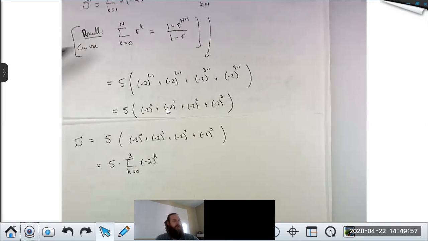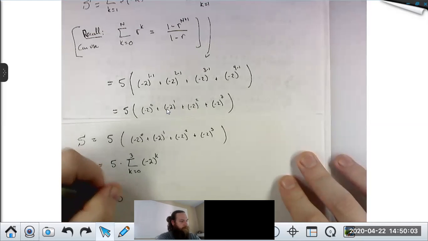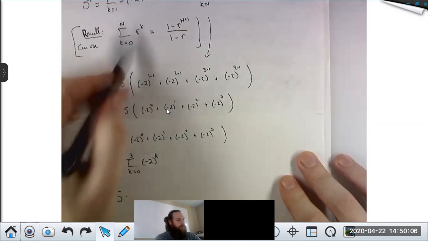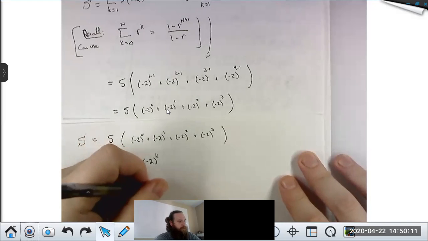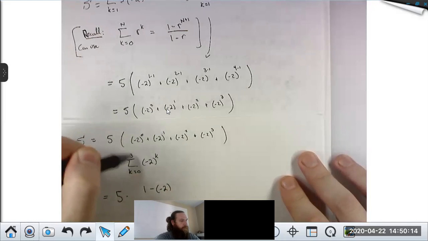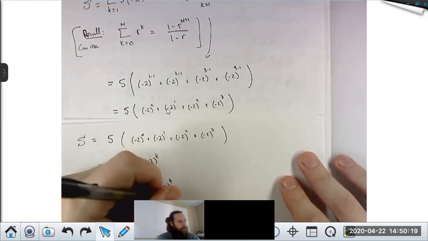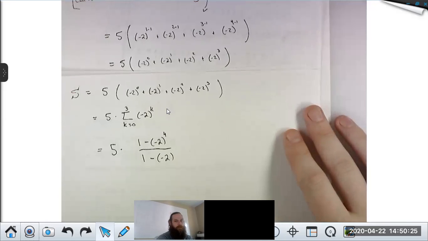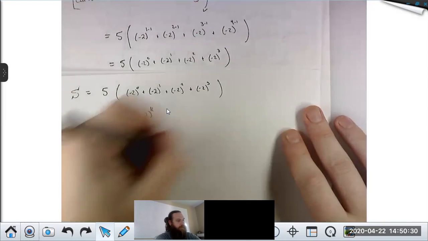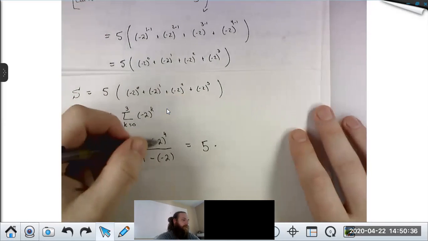So the formula in my recall box here, I could then break out, just bringing the 5 along for the ride. According to this formula, the sum from k equals 0 to 3 of negative 2 to the k should be 1 minus negative 2 raised to the 3 plus 1, which is 4, over 1 minus negative 2. Now, that's the same as 5 times negative 2 to the 4.